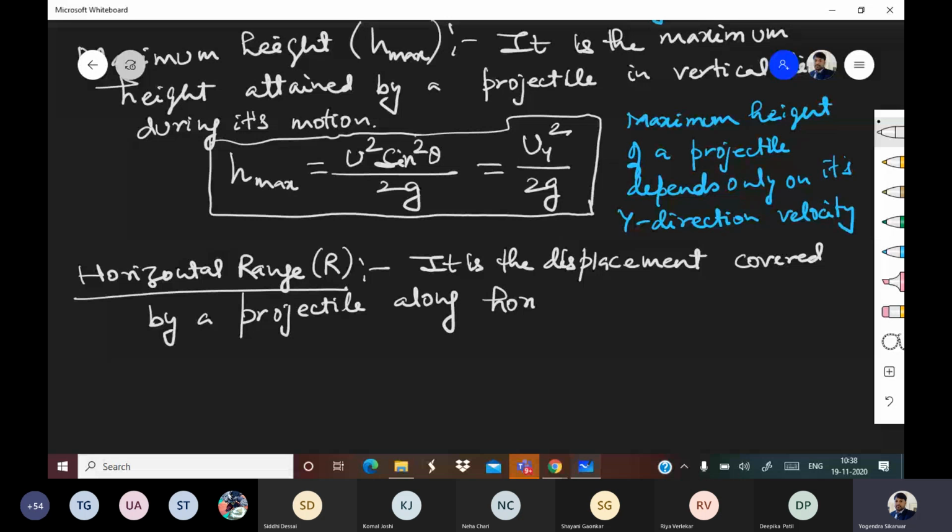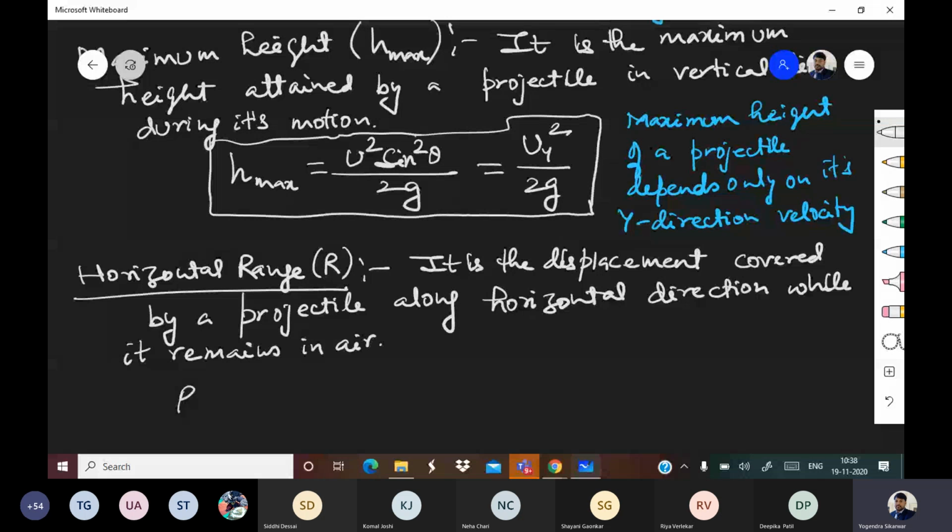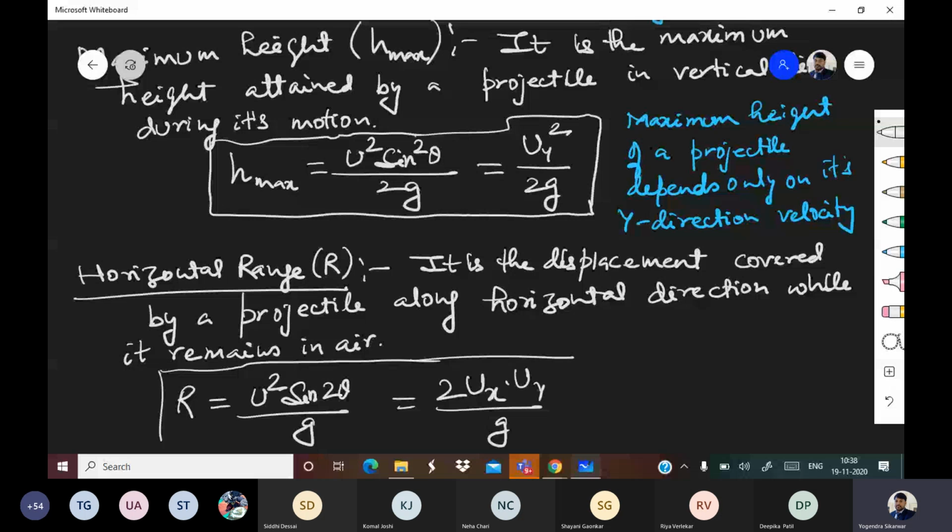Okay. So R is nothing but U square sine of 2 theta by G, which is also equal to 2 into Ux into Uy by G. Okay.